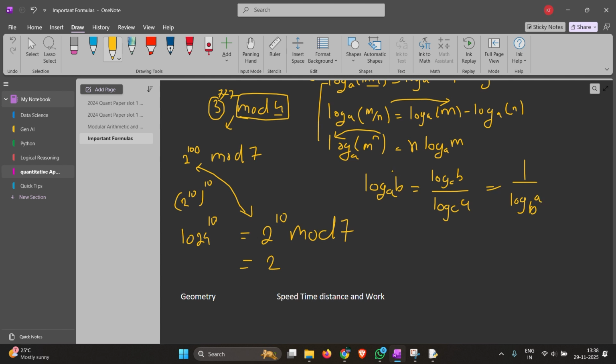So if you want to change to a completely new base, like to convert base 10 to base 2, the formula is this: log base c of b and log base c of a. So you can use this formula to change the base of the log.